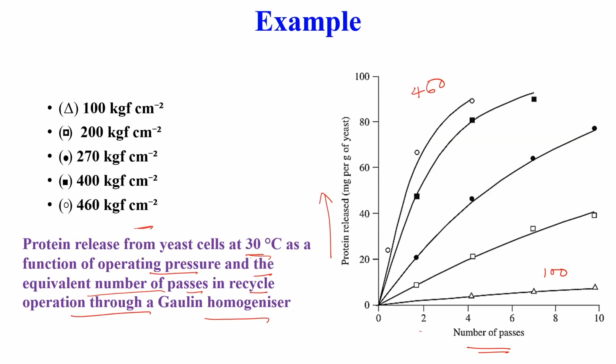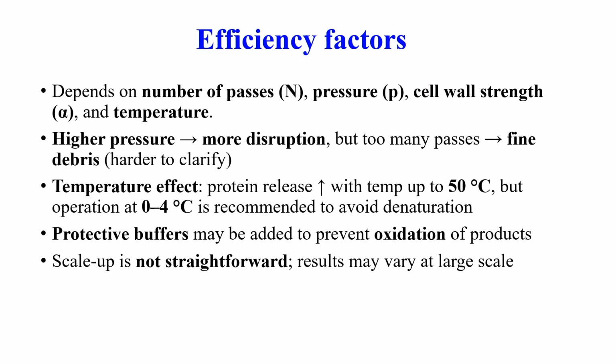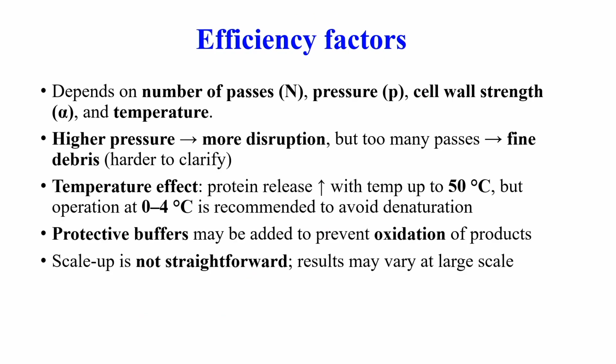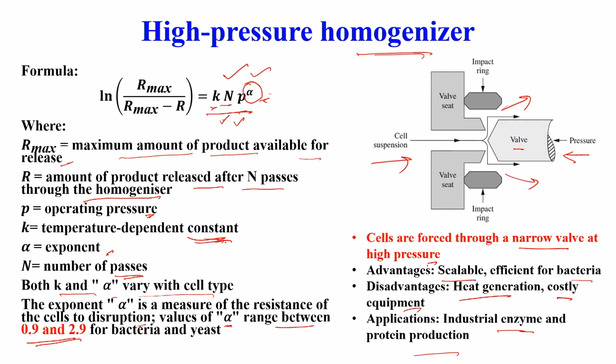With n it may be linear, but with P it is a power formula. Now, what about the efficiency? If you remember the formula, it is proportional to K n P to the power alpha. It equals K n P to the power alpha. So, it depends on the number of passes, pressure, alpha and the temperature, because K is the temperature dependent constant.